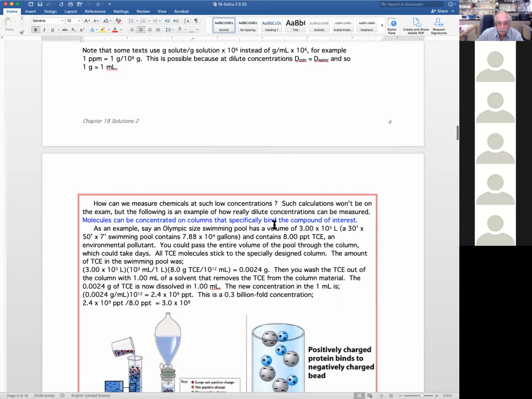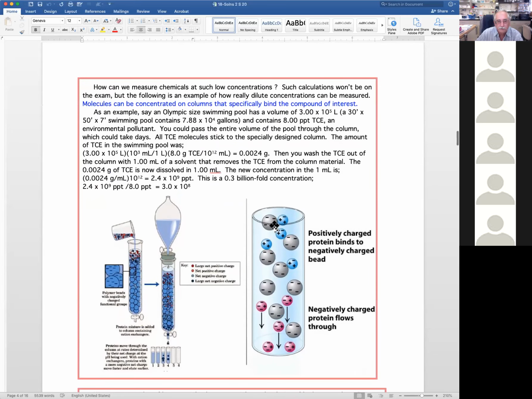So I'm going to show you a few examples. So you can make columns like this. You can figure out what kind of chemistry you need and make the column material over here to absorb anything that you want. Anything. The chemistry is just incredible. So here's an idea.